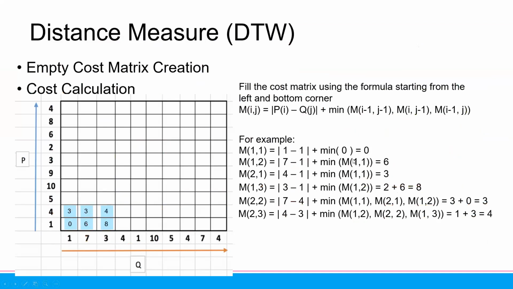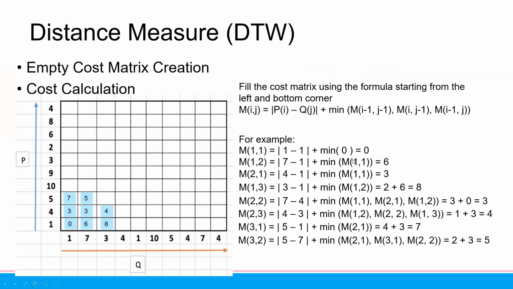And so on. So we can put all the cell with the respective number. So we will just do the subtraction and then find the minimum. Subtraction, find the minimum. Let's say 3, 3. What is 3, 3?